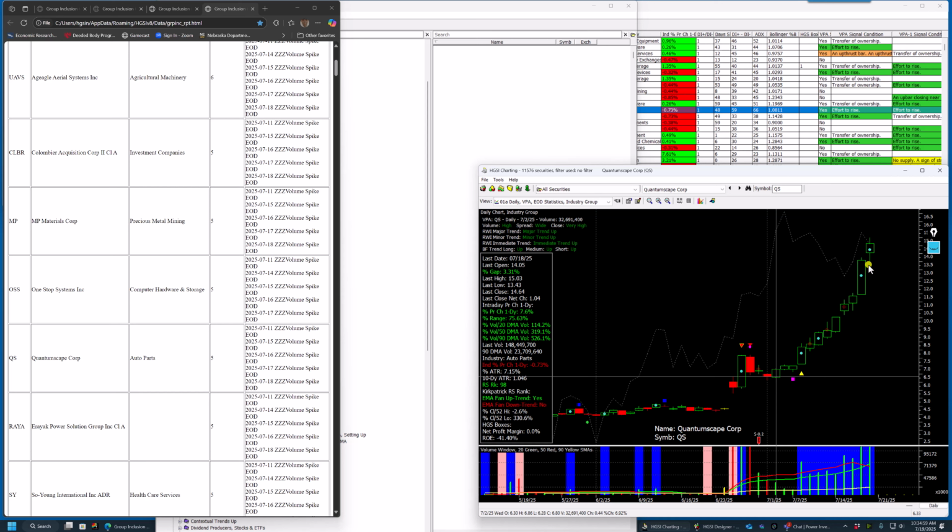So 1, 2, 3, 4, 5, 6. It appeared here, but it would have appeared here, here, here. Though all of those instances, it would have appeared with this scan. I saw it going. I thought, oh, that's kind of extended. And I'd been in this stock a long time ago. It didn't really do anything. So I didn't really know what the news was on it. And it would have been a massive winner.